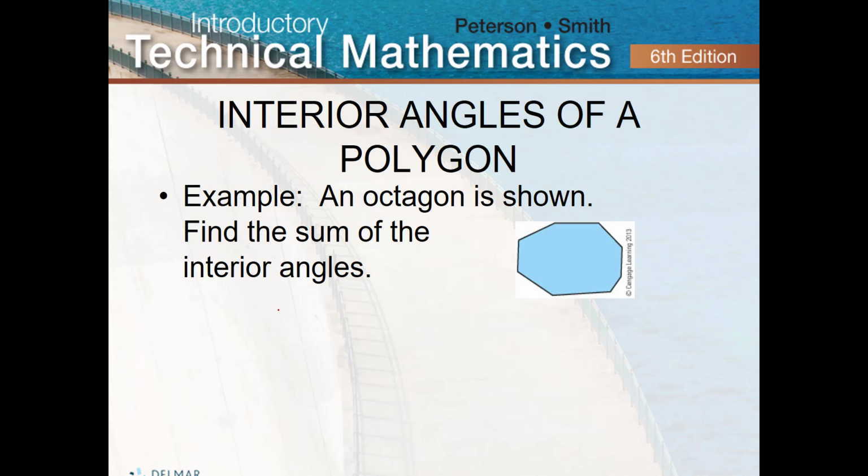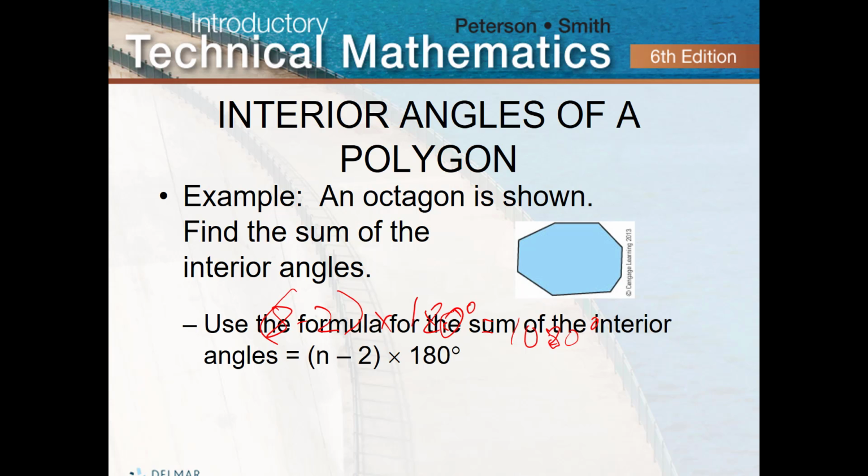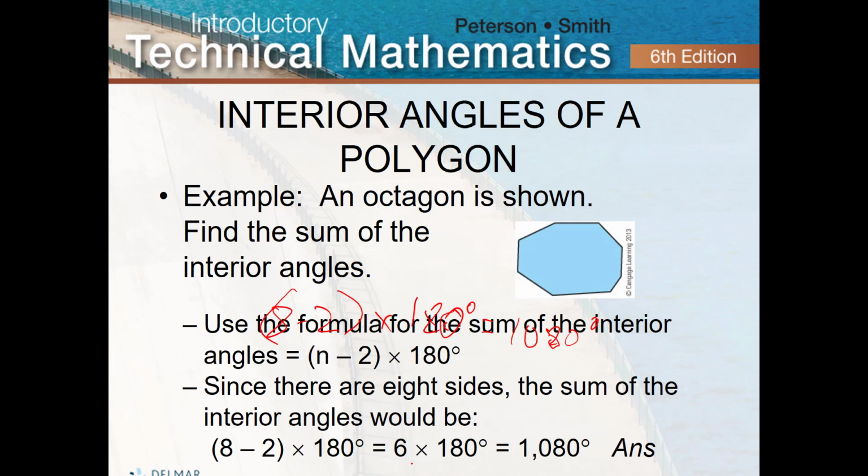So we're going to go 8 minus 2 times 180 degrees, which is going to give us 6 times 180, which is 1,080 degrees. I did that in my head, so we'll see how mental math worked out. N minus 2. Hey, look at that, 1,080 degrees. So pretty straightforward.